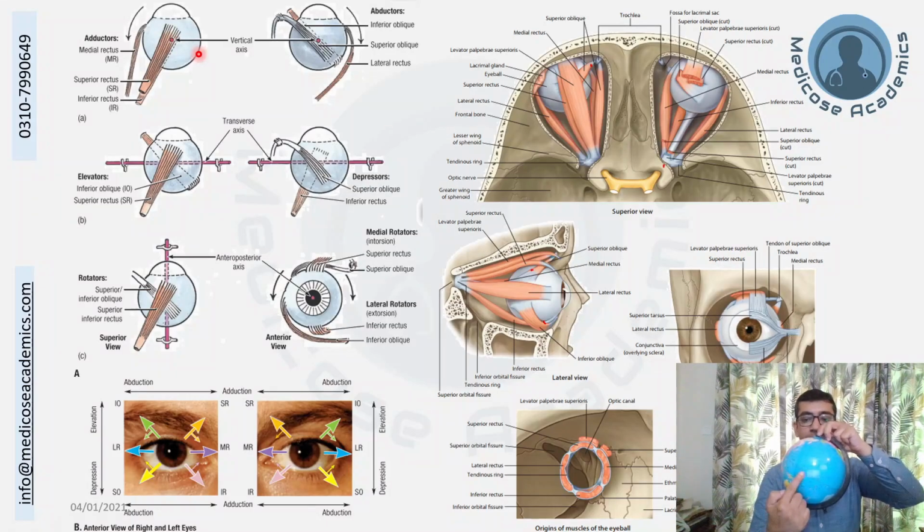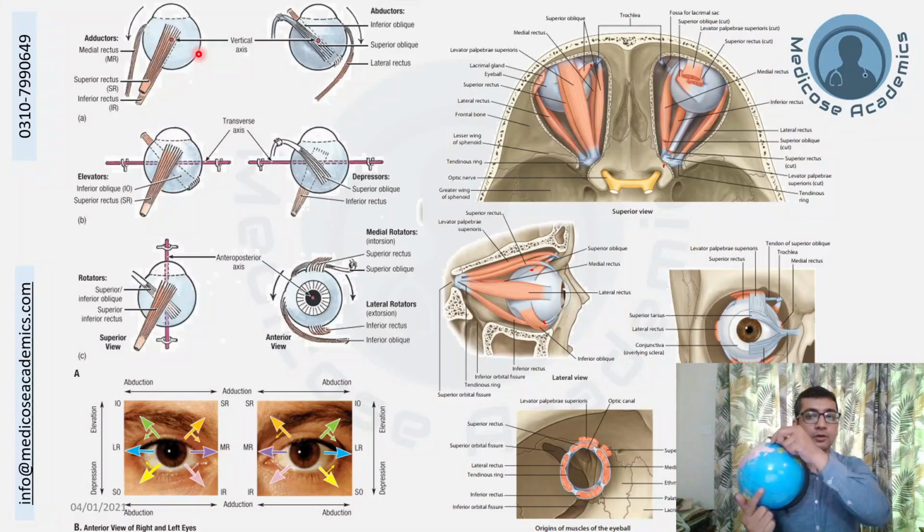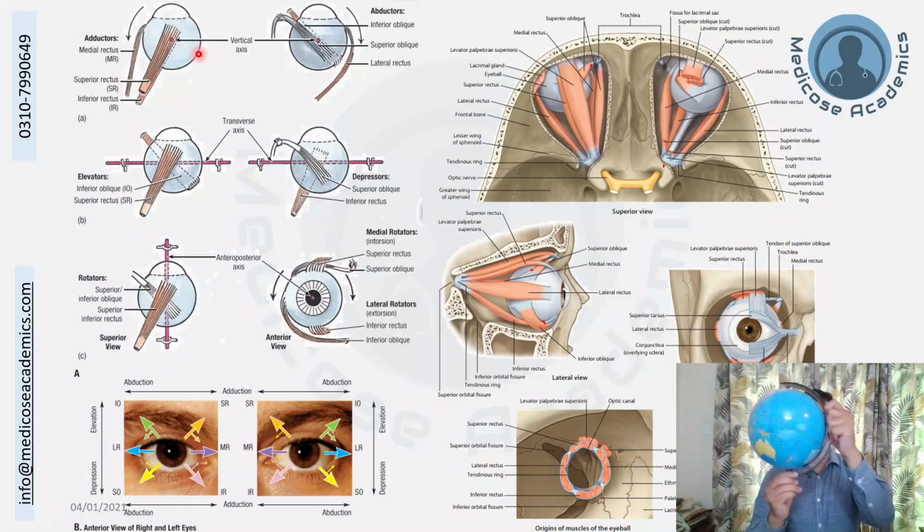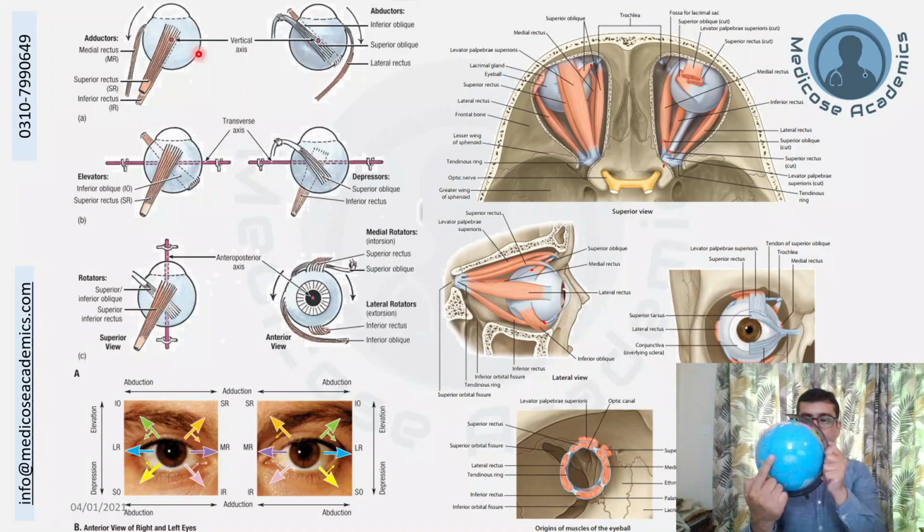If here is the pupil, the eyeball can move laterally, and it can move medially. I will be talking about the right eye as a reference. So along the vertical axis, the eye can look laterally, that is known as abduction, and the eye can look medially, that is known as adduction.